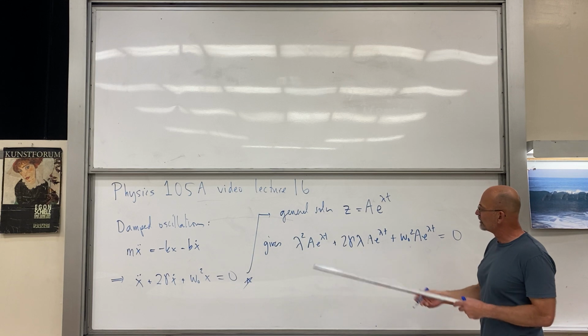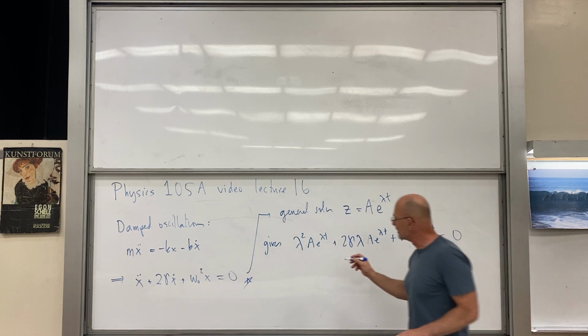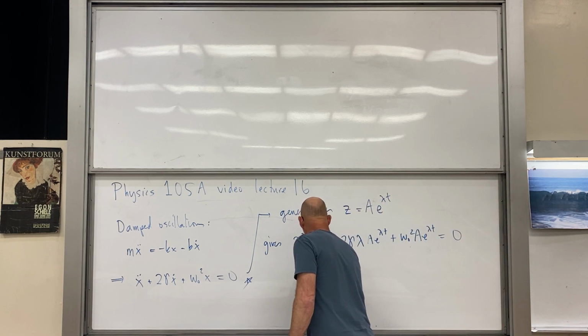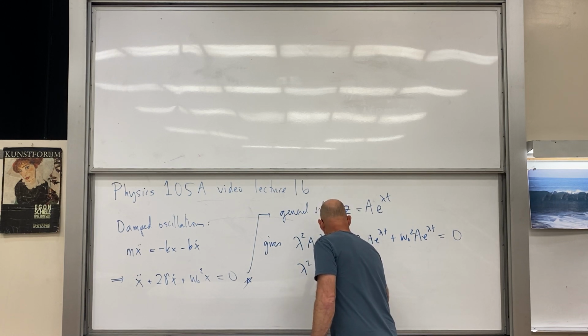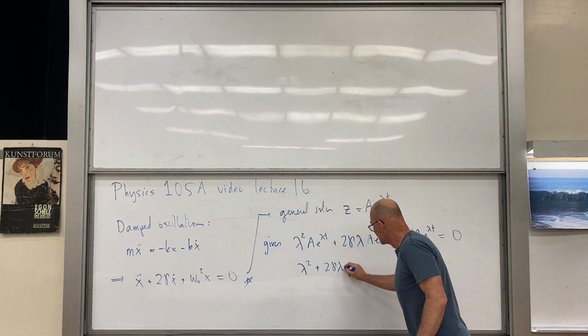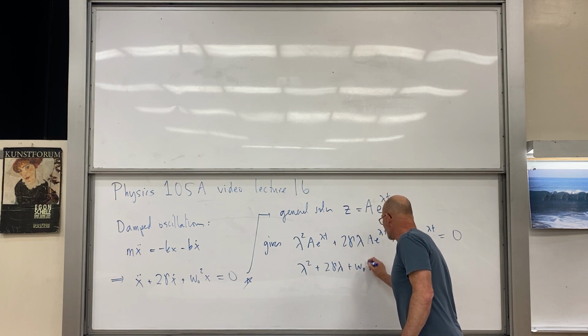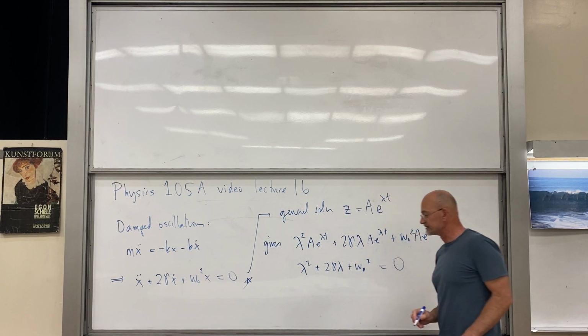So clearly, again, we just factor out this polynomial, lambda squared plus 2 gamma lambda plus omega naught squared equals 0.